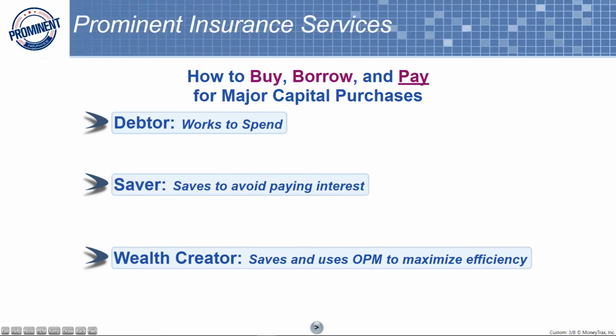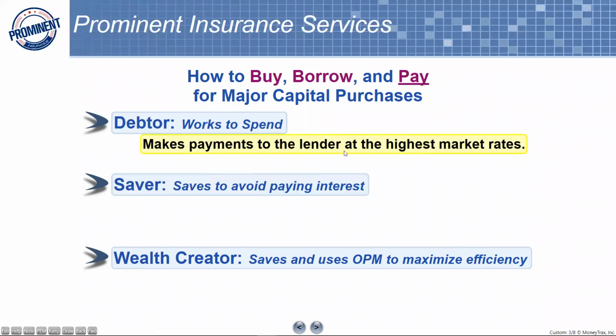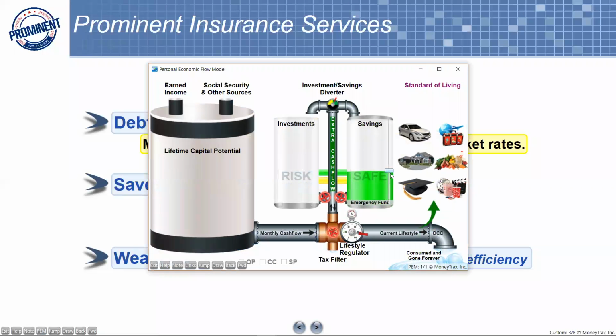So what does a debtor do? A debtor, same situation, makes payments to the highest lender at highest market rates. As a debtor, you have no money in your savings. You have no money here. So therefore, every time you borrow from your lifetime capital potential, from your earned income, this gets smaller and smaller, because you've got people taking chunks out of here all the time.